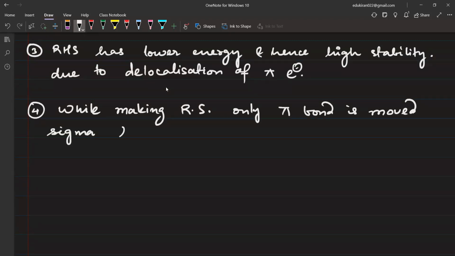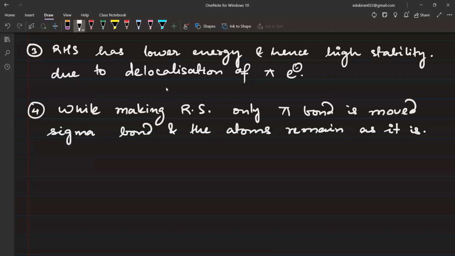Sigma bond and the atoms remain as it is. And last point. Resonance is a theoretical concept.